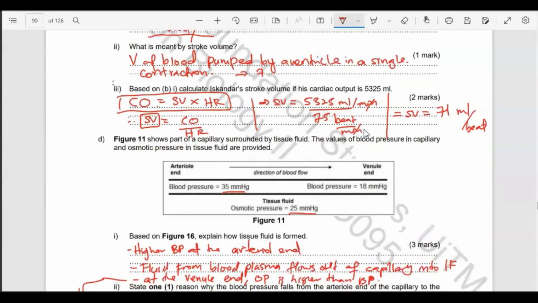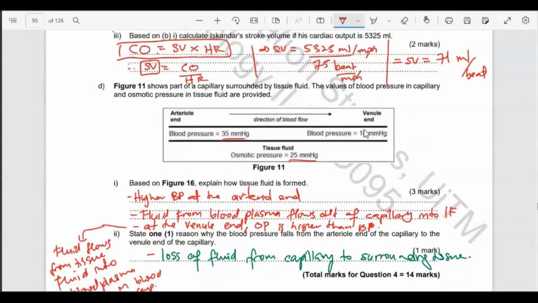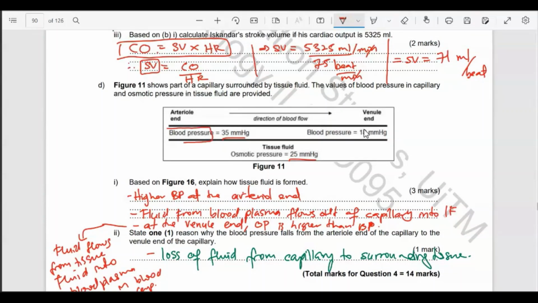Okay, per beat. Okay, so for the next question, Figure 11 shows part of a capillary surrounded by tissue fluid. The values of blood pressure in the capillary and osmotic pressure in the tissue fluid are provided. Okay, untuk soalan ni, you have to take note of the two different pressures.